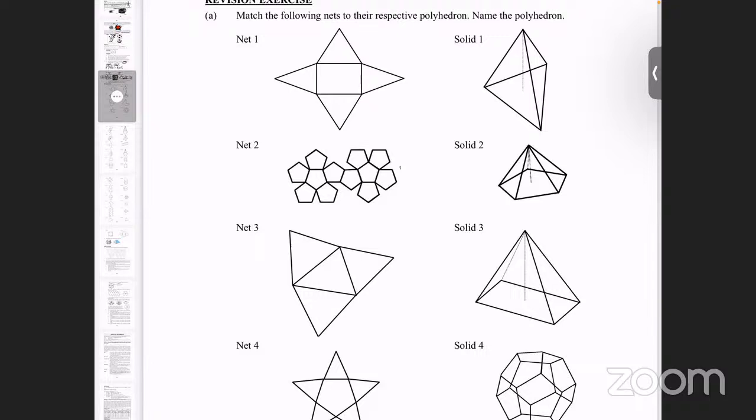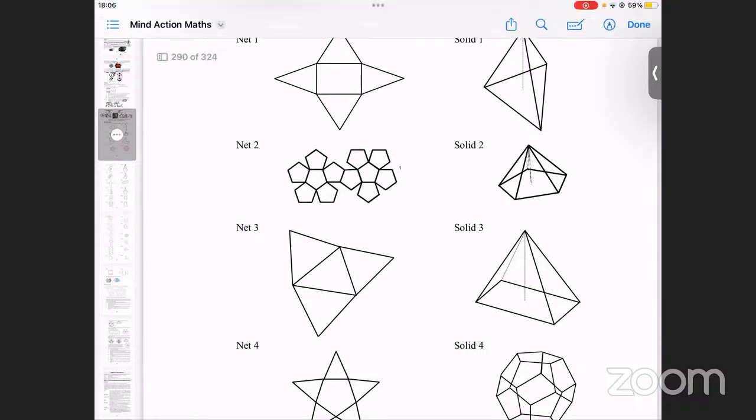So we have net one. Are you able to see? Yes, ma'am. Before that, let me try to adjust my settings because the screen is going to go off. Battery saver mode, remove.